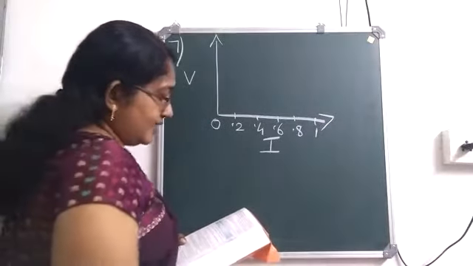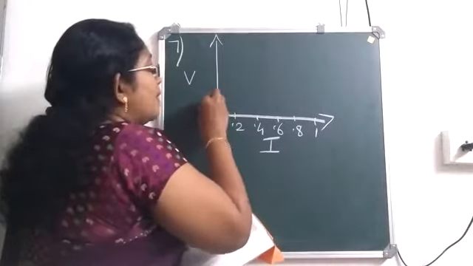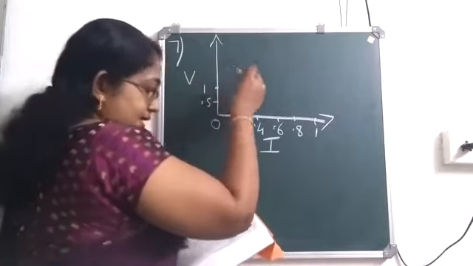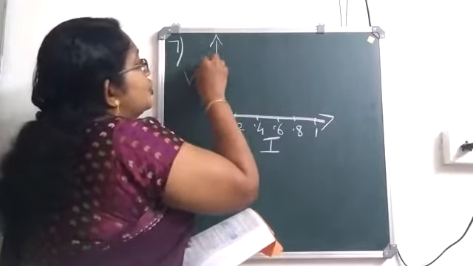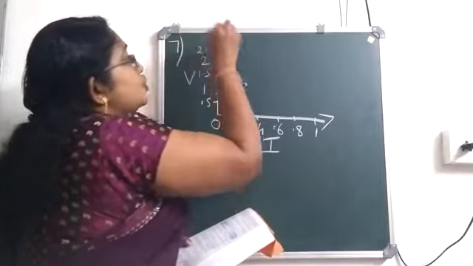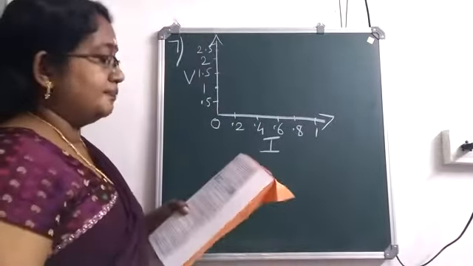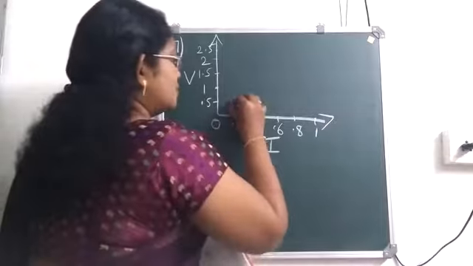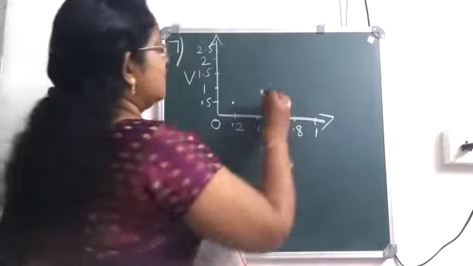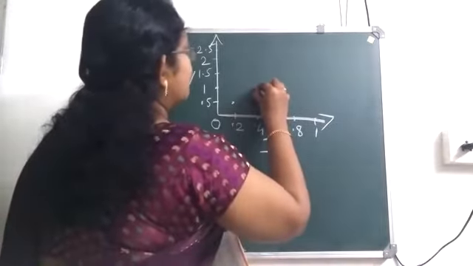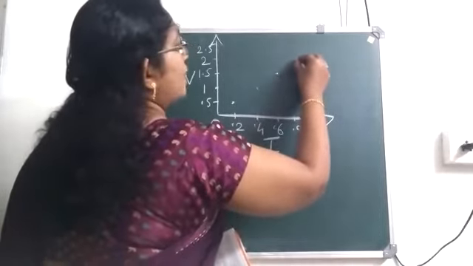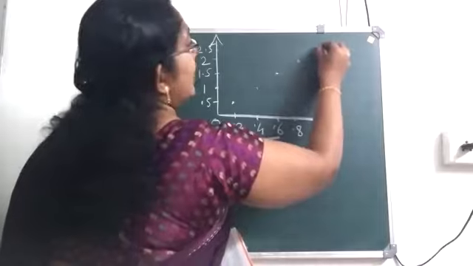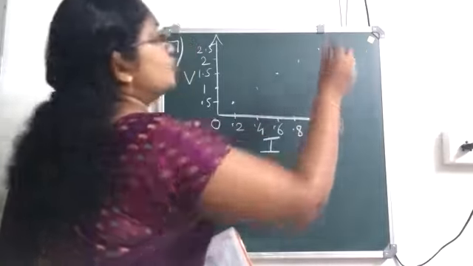Similarly, in the y-axis, we are having 0.5, then 1, 1.5, 2 and 2.5. Then corresponding to 0.2 we are having 0.5, 0.4 it is 1, 0.6 it is 1.5, 0.8 it is 2 and for 1 it is 2.5.